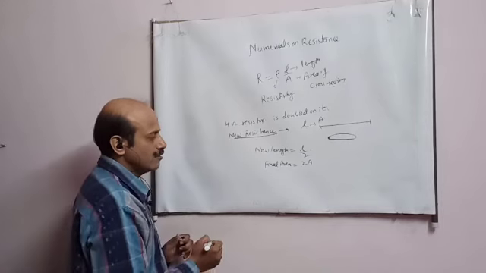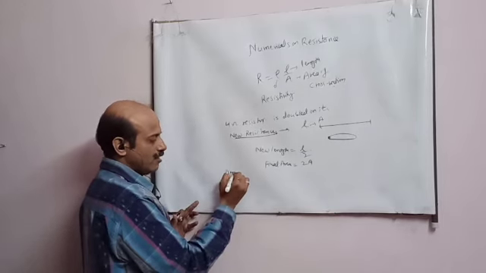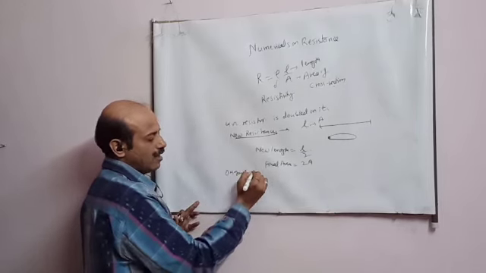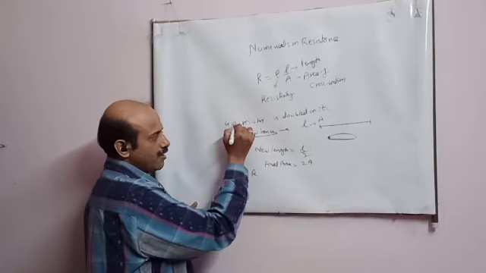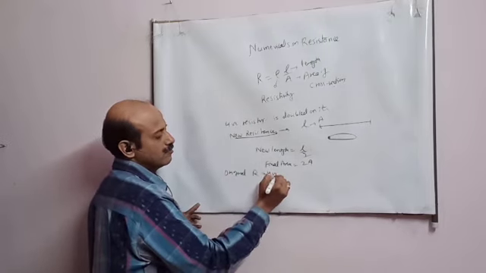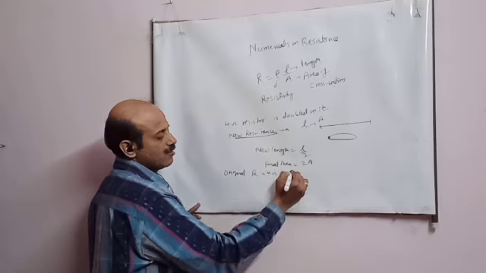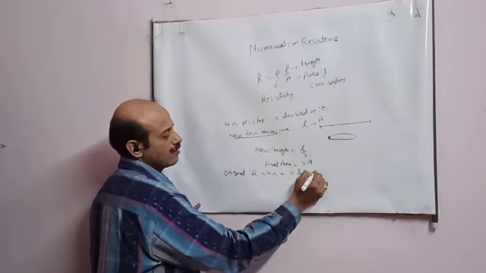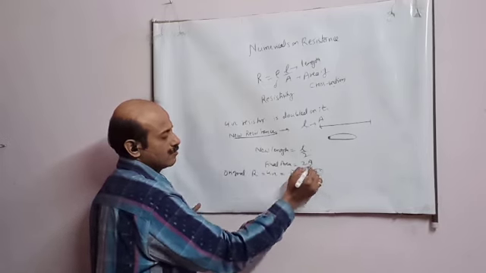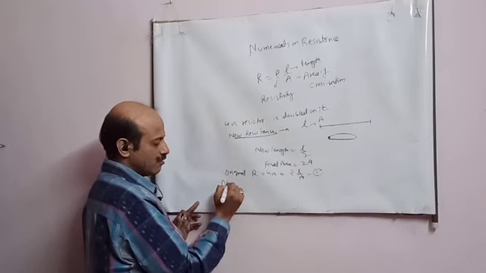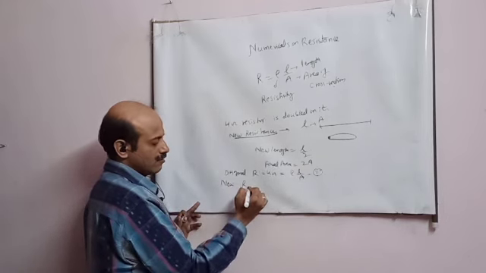Now suppose the original resistance I am denoting by R. This value is given as 4 ohm. So this R is rho L upon A. Now the new resistance I am denoting by R1.